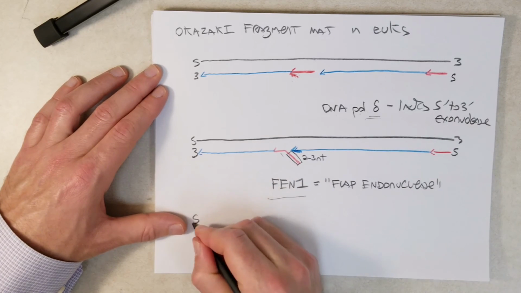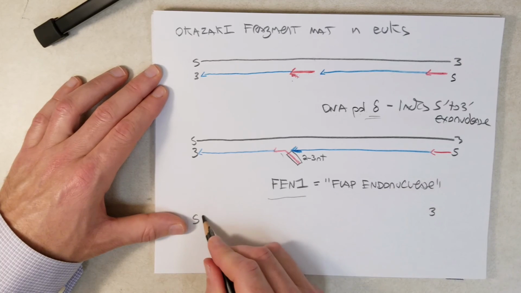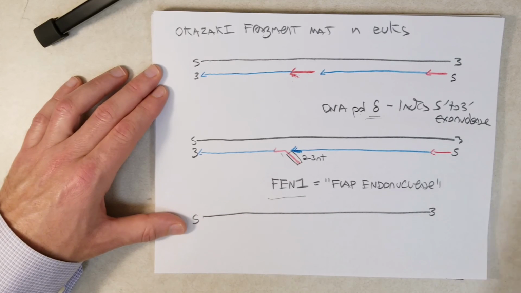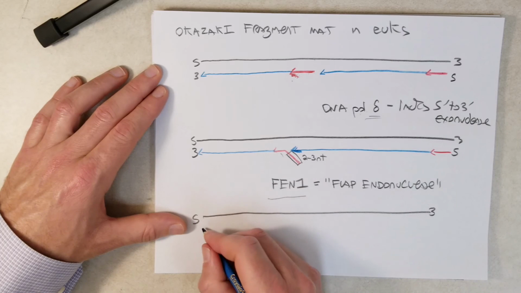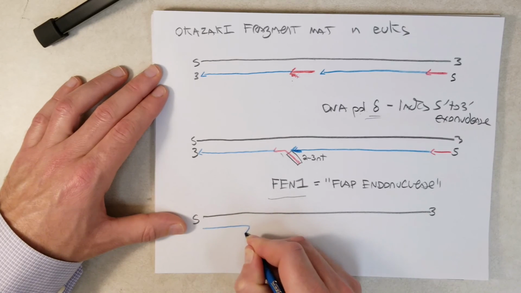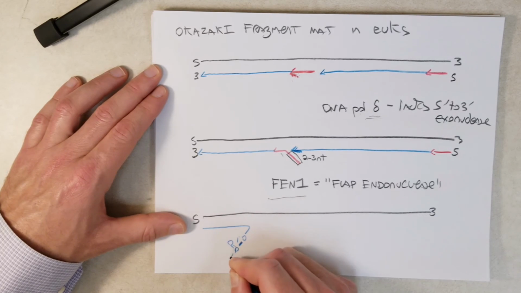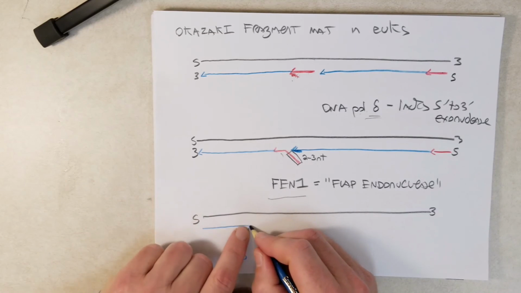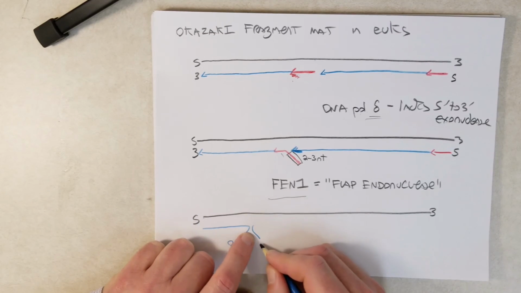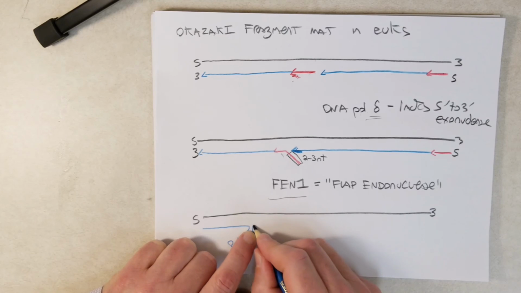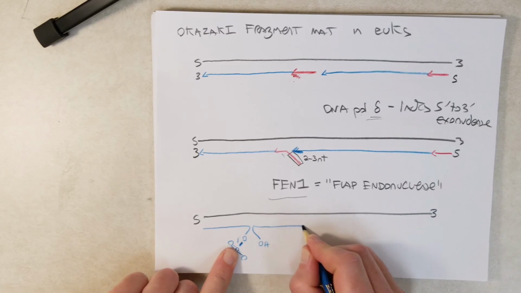And then you can probably predict what's going to happen next, right? Just like with prokaryotes, we're going to be left with a nick, with a phosphate group on the 5' end down here, and a hydroxyl group on the 3' end of this fragment right here.